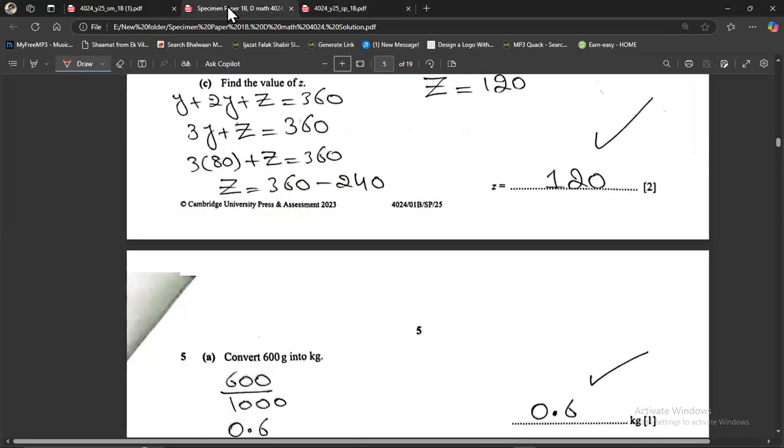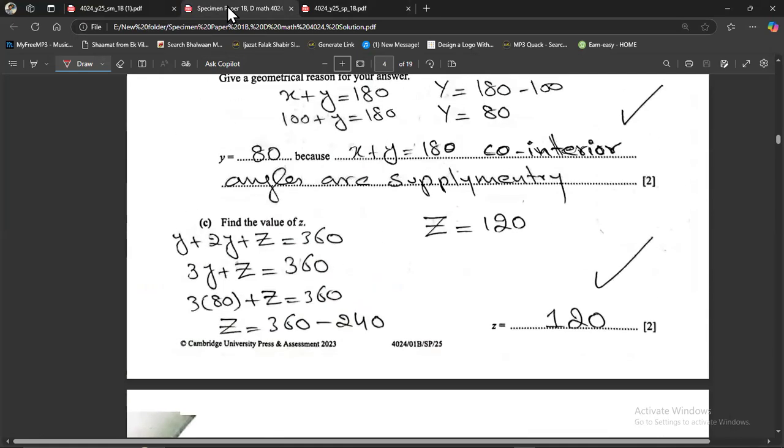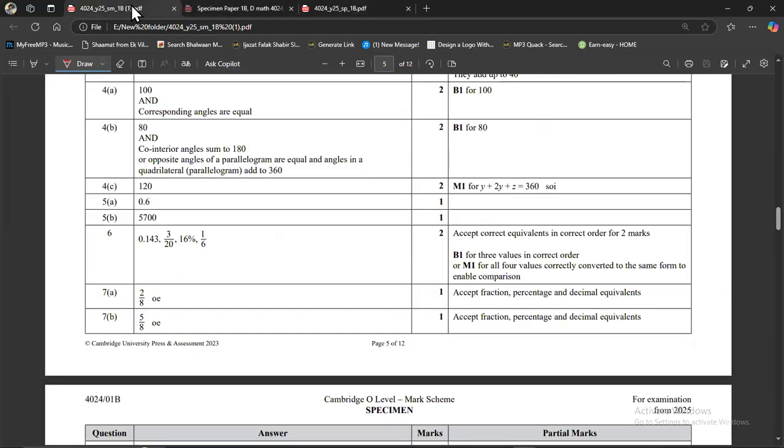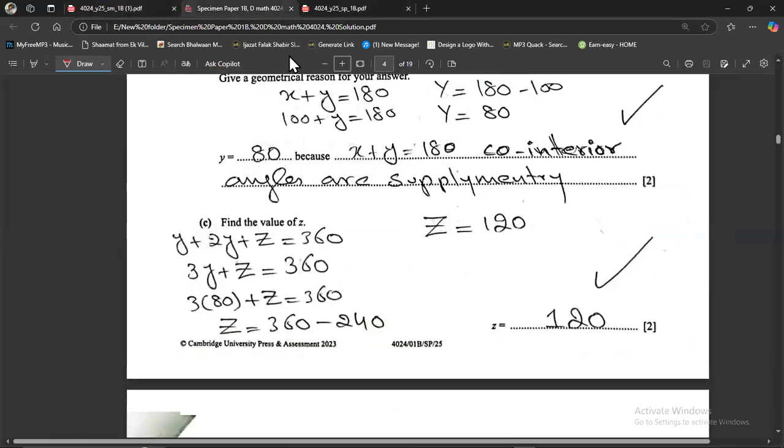We know the value of y, so very easily, 3y plus z is equal to 360. So 3 into 80 plus z is equal to 360. z will be equal to 360 minus 240, and that is 120. So the value of z will be 120. So our answer is right.